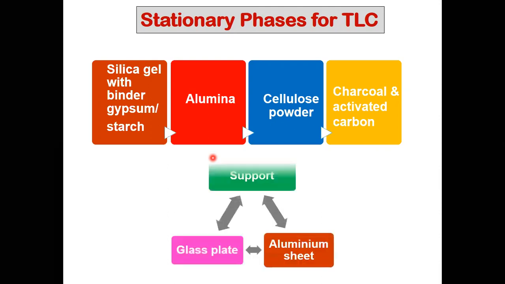Whatever the stationary phase, they are supposed to be applied on a thin layer glass plate or aluminum sheet. That means whatever stationary phases we use for TLC, they are coated on a support material that can be a thin glass plate or aluminum sheet.